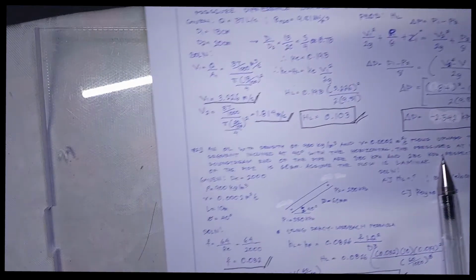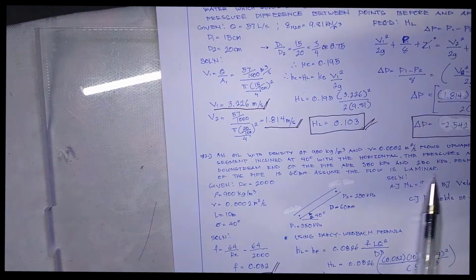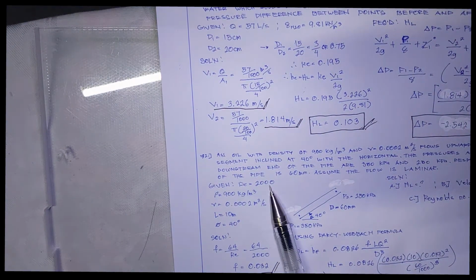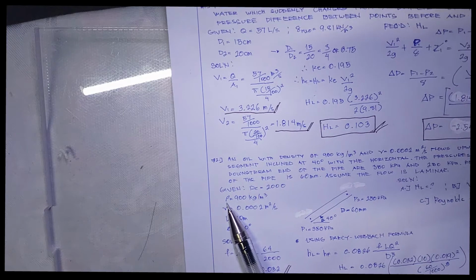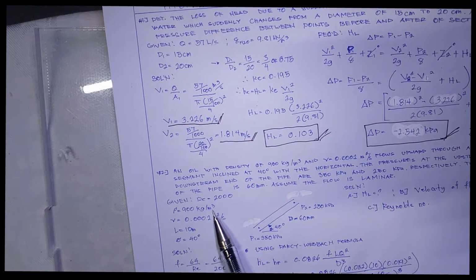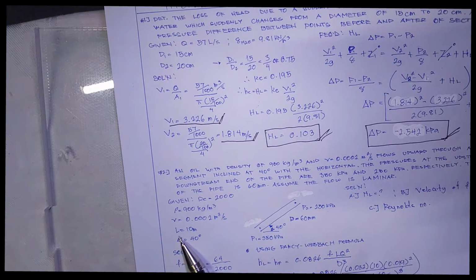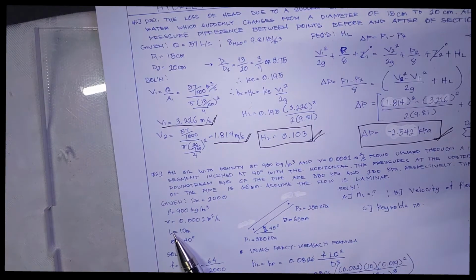So the given are the RE, which is the Reynolds number. So laminar, so we have the value 2000. And then the density, which is equal to 900 kilogram per cubic meter. And then the kinematic viscosity, which is 0.0002 meter squared per second. The length, which is equivalent to 10 meters.